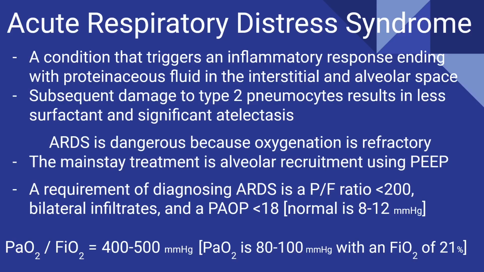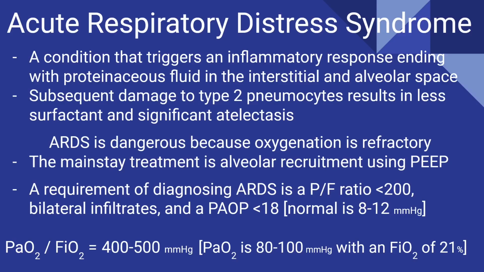And the last thing we're going to look at is this idea of a PF ratio, this partial pressure of oxygen in comparison to how much oxygen we're providing. So if we're providing 21% oxygen, which is nothing, and the person's PaO2 is 80 or 100, which is normal, then they should have a normal PF ratio of 400 to 500.